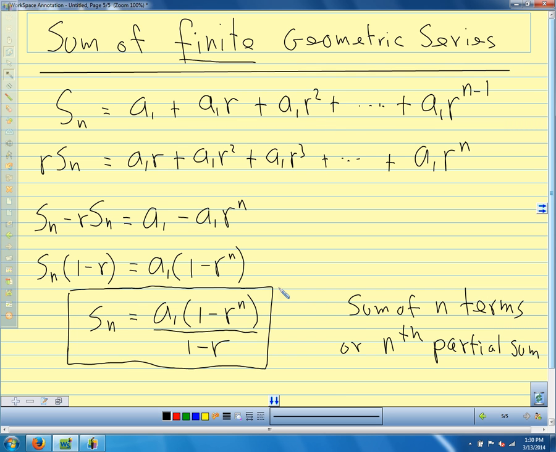All right, let's look at an example of finding a partial sum, and then we will talk about the sum of an infinite geometric series. We'll use this formula to come up with our idea for the sum of the infinite geometric series.